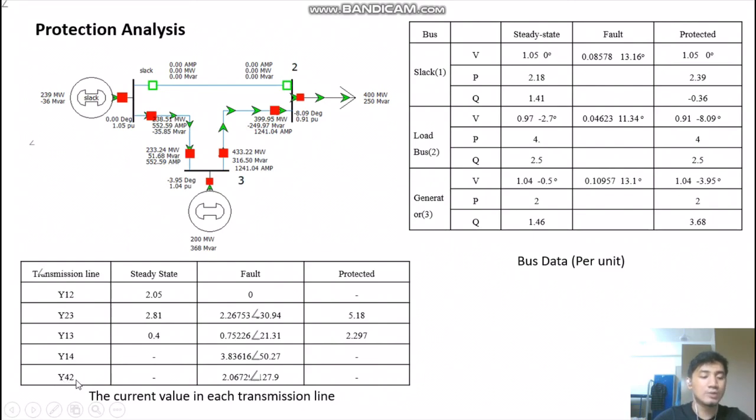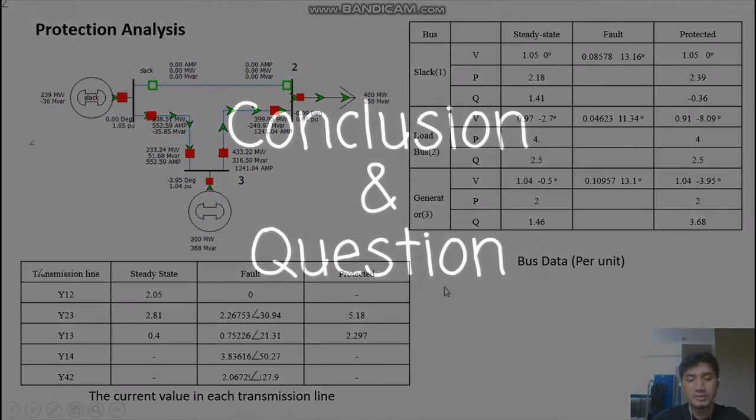Next, Y42: in steady state, there is no current. In fault it is 2.6721, and when protected there is no current also because the fault is already cleared. So that's all from me. Thank you.